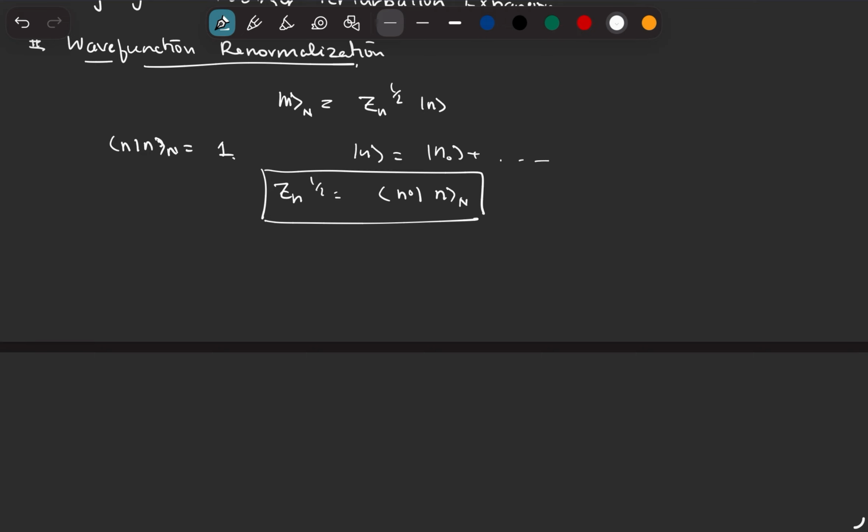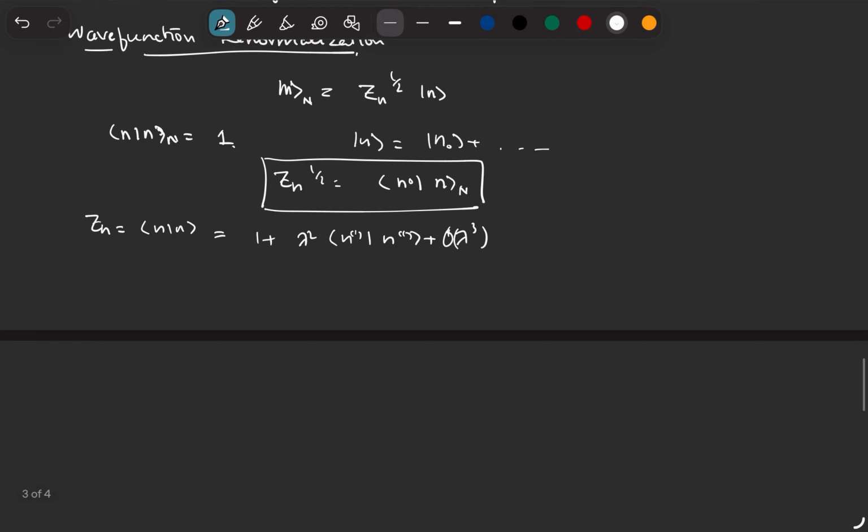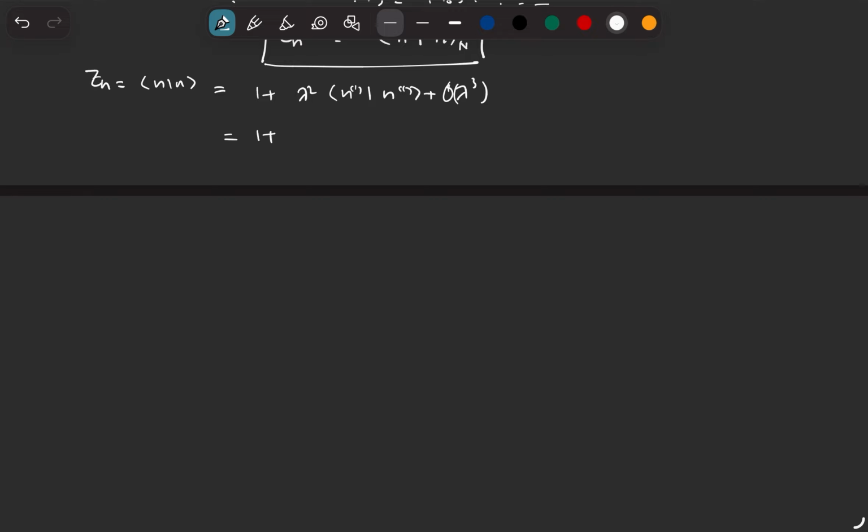And if you want to actually compute Zn inverse, which is nothing but ⟨n|n⟩, you will have 1 plus lambda squared plus higher order terms. For the second order, you would realize that this is 1 plus sum over k not equal to n of Vkn whole squared divided by (En0 minus Ek0) whole squared.